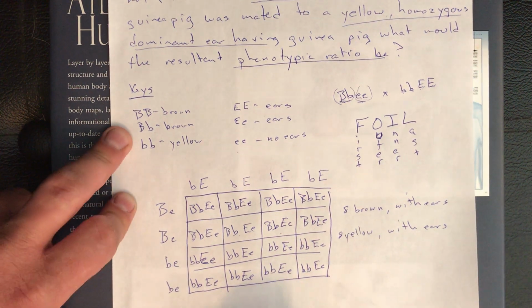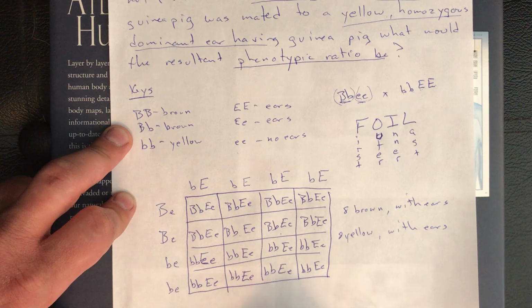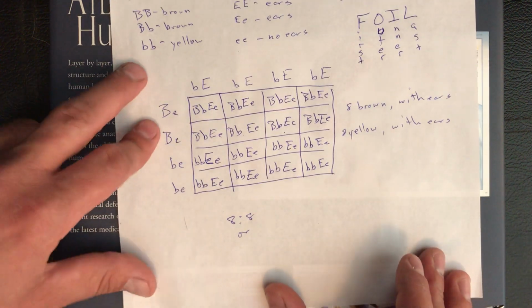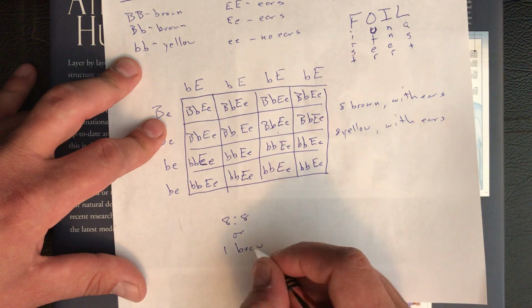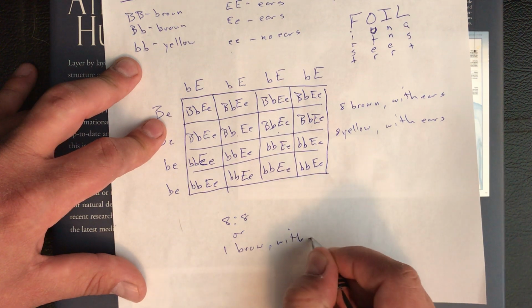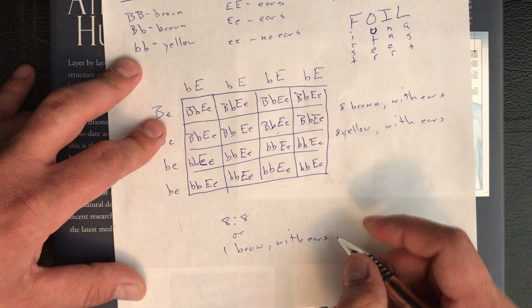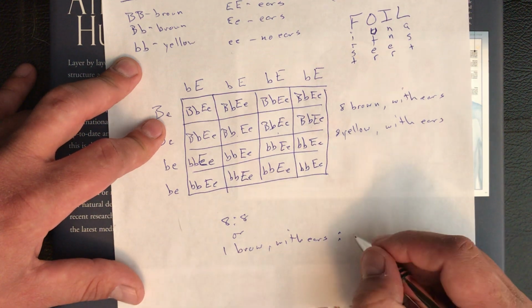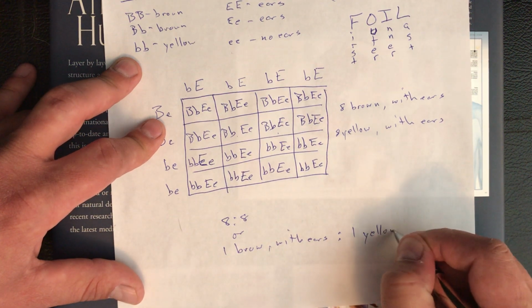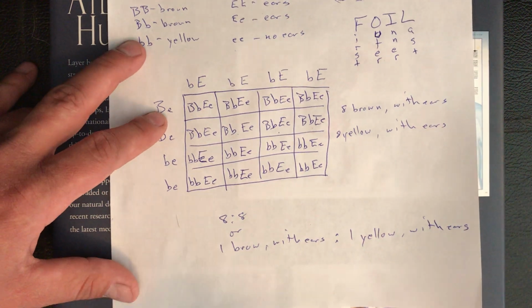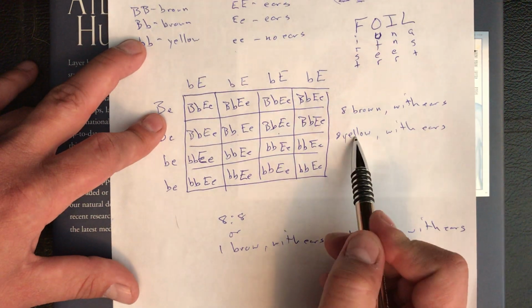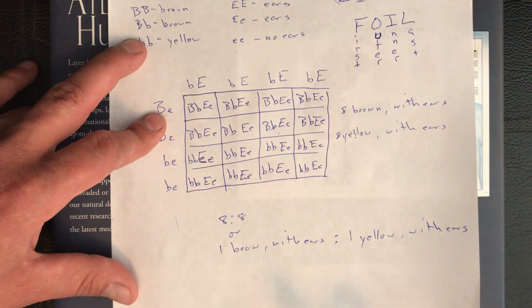So our ratio is going to be 8 to 8, or you can reduce it if you would like. 1 brown with ears, 1 yellow with ears. If I asked you percentages, you would tell me 50% yellow with ears, 50% brown with ears, right?